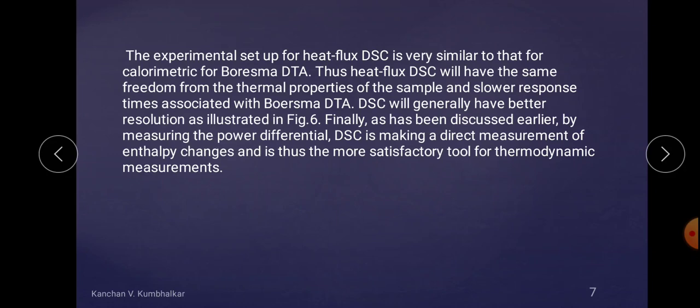Because we are measuring delta H, we are measuring delta T, we are measuring a delta E, a representative of delta H. So it is a very satisfactory tool in the sense of thermodynamic measurement.